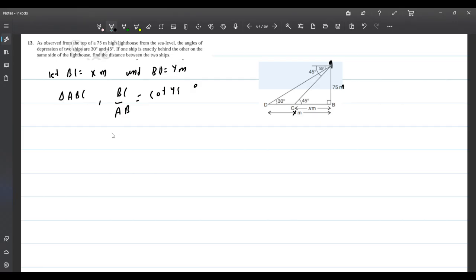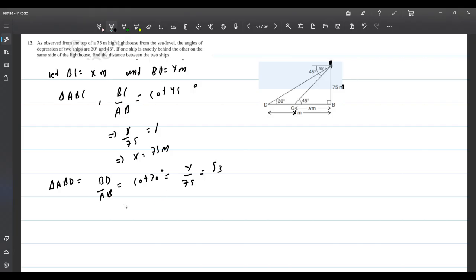So this is equal to x upon 75 is equal to 1. So x is equal to 75 meter. Now in triangle ABD, BD upon AB is equal to cot 30 degree, and this is equal to y upon 75, which is equal to root 3.